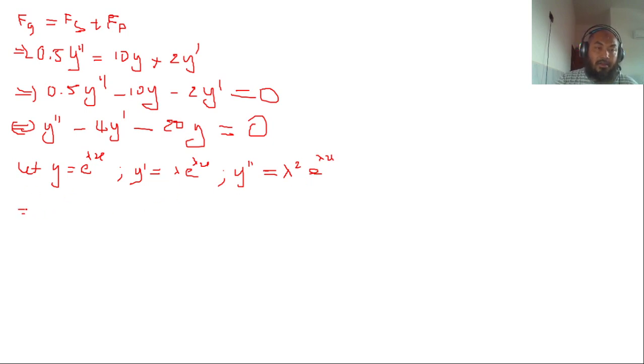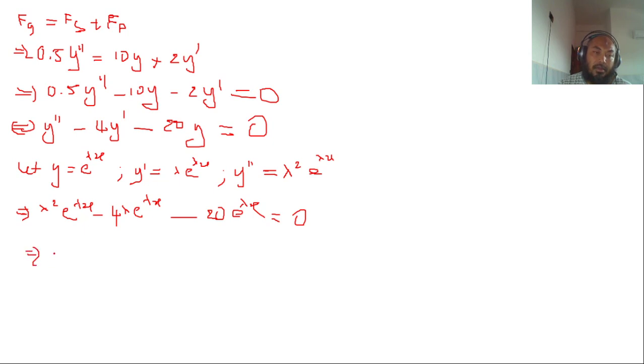Okay, then we will get, replacing this one, lambda square e^(lambda x) minus 4 lambda e^(lambda x) minus 20 e^(lambda x) equal to 0.